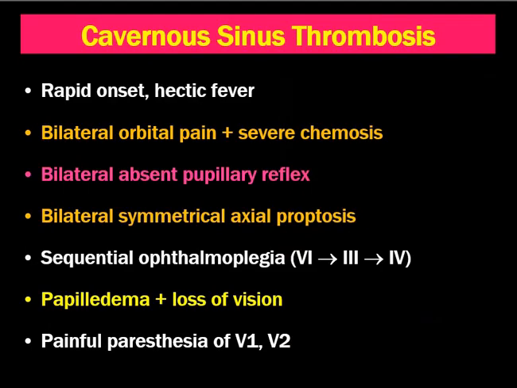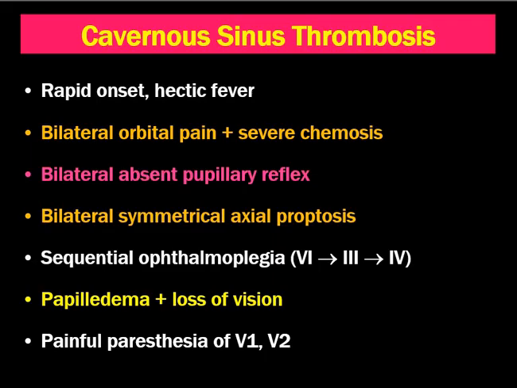Now coming to cavernous sinus thrombosis. When the cavernous sinus gets infected, the patient will have hectic fever and rapid onset of symptoms like bilateral orbital pain and severe chemosis. Till now, the patient had usually unilateral symptoms. Now, the cavernous sinus is the central portion, so the patient will have bilateral symptoms: bilateral absent pupillary reflex, bilateral symmetrical axial proptosis, and sequential ophthalmoplegia starting from the 6th, 3rd to 4th nerves.